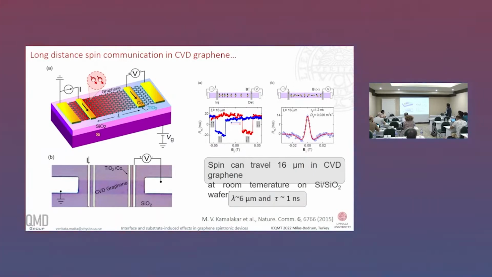And this yields a spin diffusion length of 6 micrometers, which is a higher and competitive value compared with state-of-the-art reports in sophisticated devices prepared on high mobility graphene. Also, we obtain a spin lifetime of 1 nanosecond.